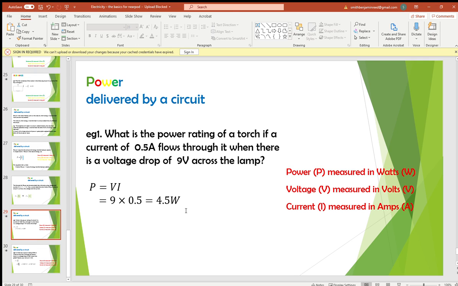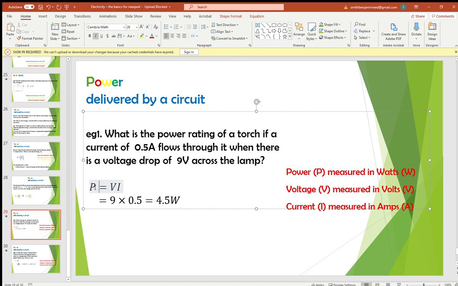So let's do an example of that. If we have 0.5 amps of current flowing through a circuit, and we have it attached to a 9-volt battery or a 9-volt power source, then all we have to do is multiply 9 volts by 0.5 amps, and we get 4.5 watts.